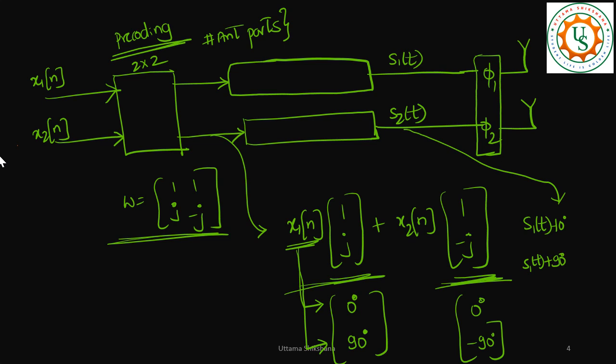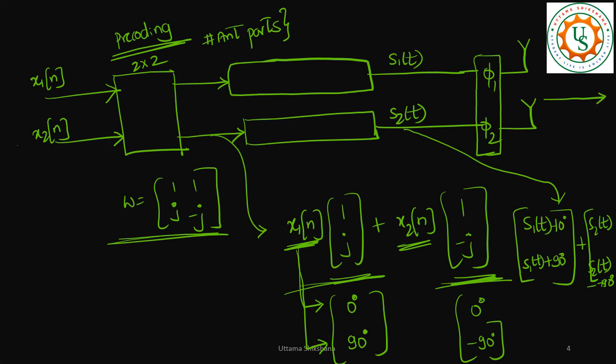Okay, so then here we have two beams, right? Because we have x1 of n and x2 of n, we have two beams. Similarly, we have one more quantity, which is s2 of t at 0 degree and s2 of t plus 90 degree. So what kind of beam would be formed from here?